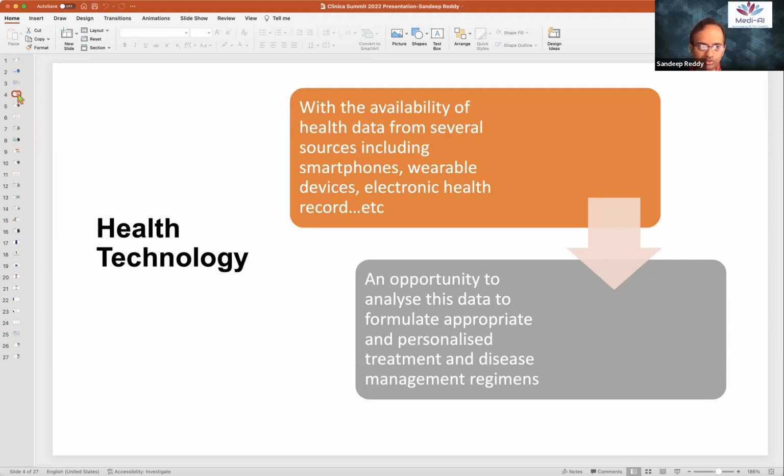For example, we know that a huge amount of health data is being collected through several sources, whether it's wearable devices, smartphones, and electronic health records. Now we have various technologies that can gather the data, but also garner intelligent insights to help improve health outcomes.